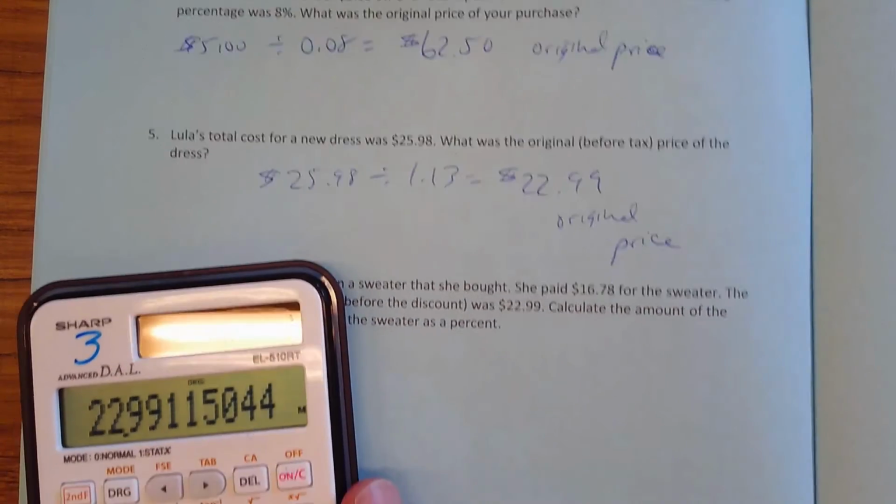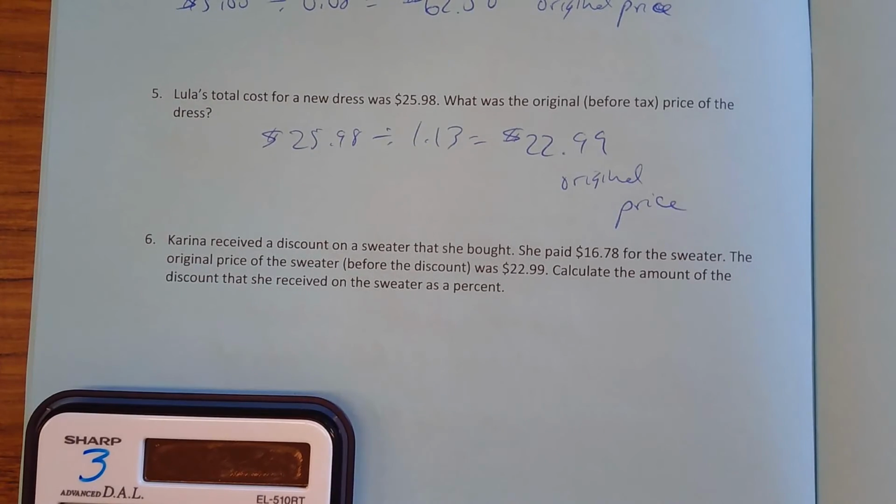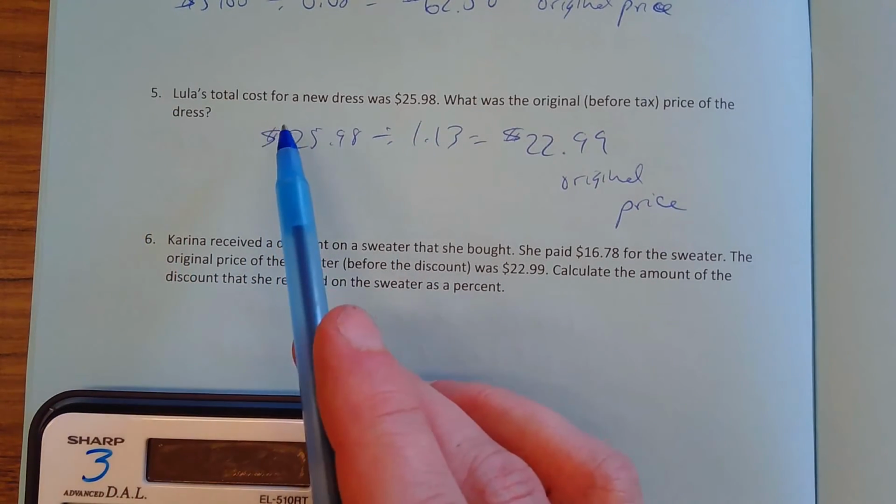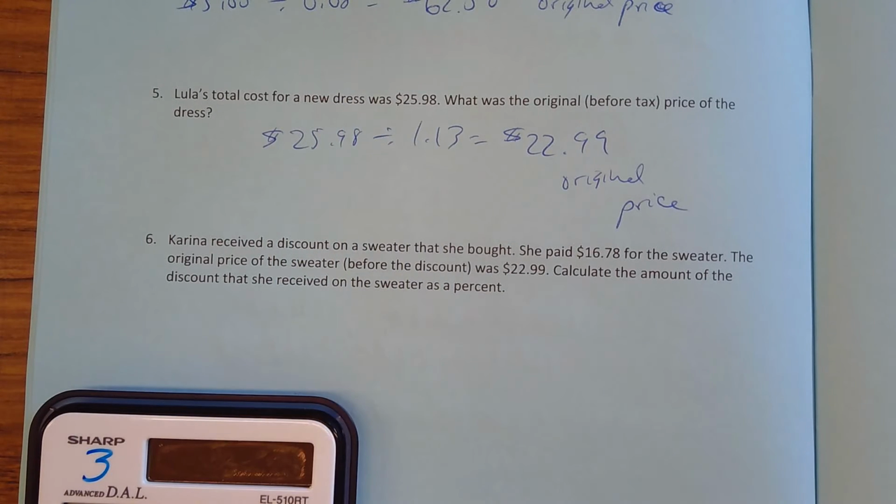As long as you know your tax rate, just go backwards. This question, number 5, would have been very difficult to figure out if you are calculating each tax and adding it on, because that's a lot of math steps. But if you were just going times 1.something, it's pretty quick.